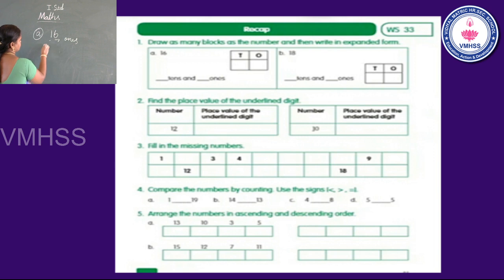Tens place number. Okay? Dash tens and dash ones. Which one is the ones place? Yes, 6 is the ones place. 1 is the tens place. 1 ten.